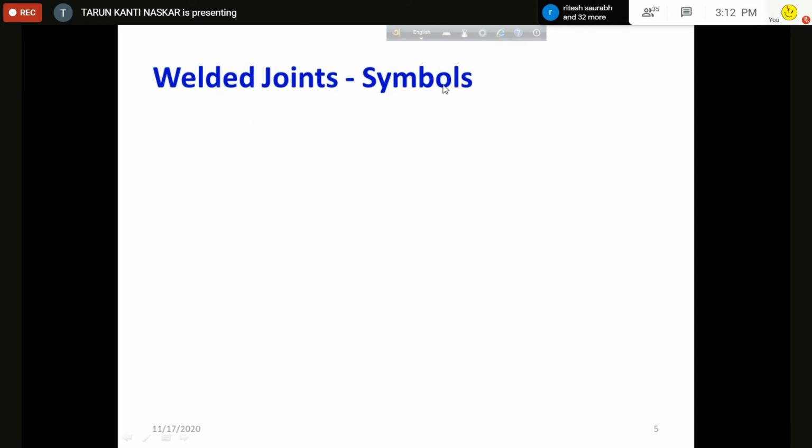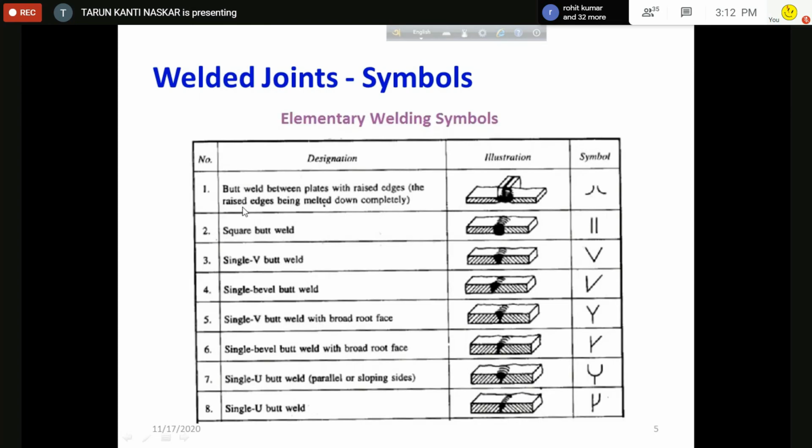Now, welded joint symbols. You need not write these names, but you can symbolize the weldment joints by these, as illustrated. So this is the butt weld symbol. Now square butt weld, this is the symbol. Single V butt weld, that means this is one plate, this is another plate.